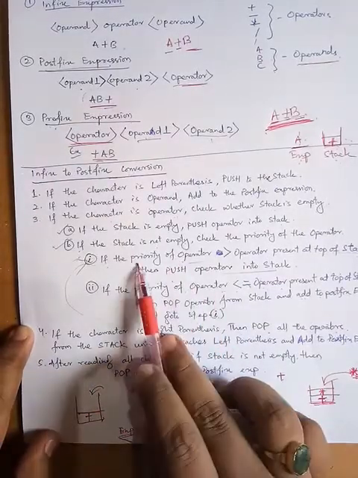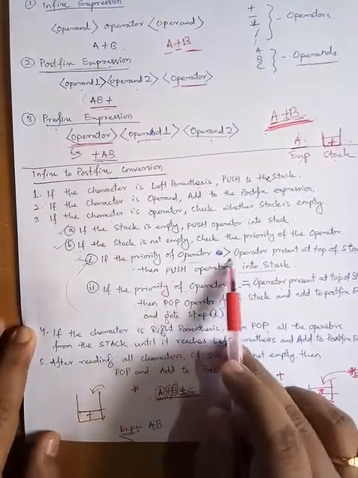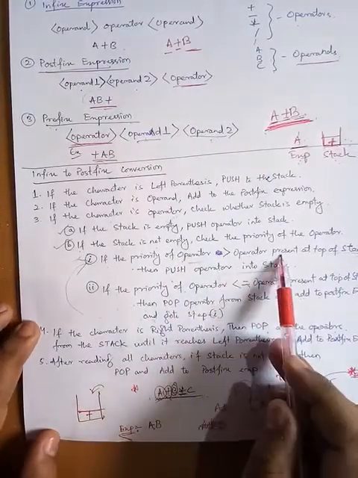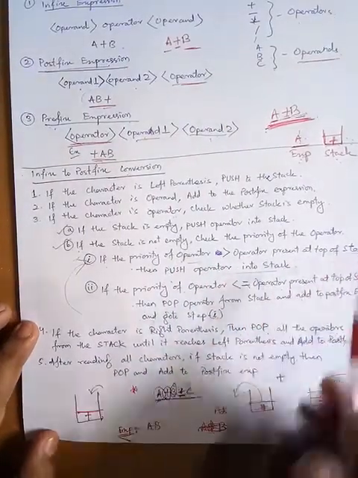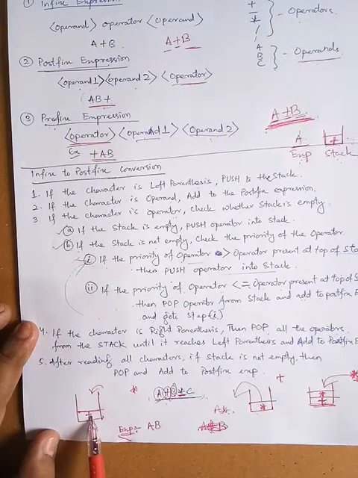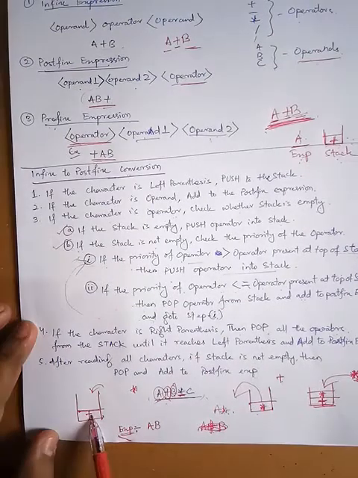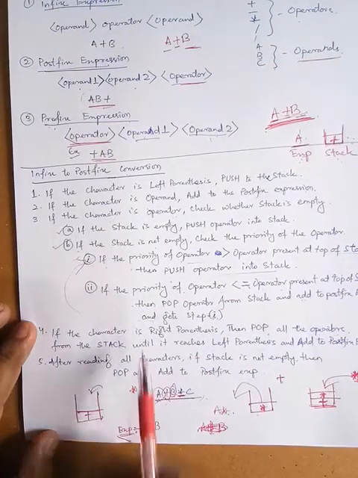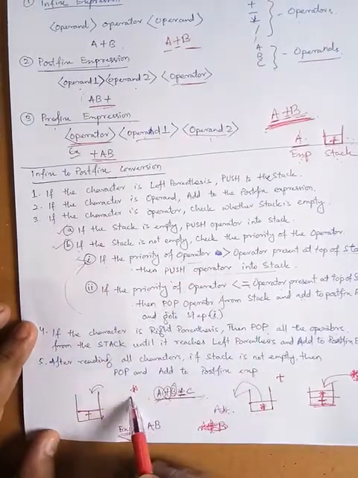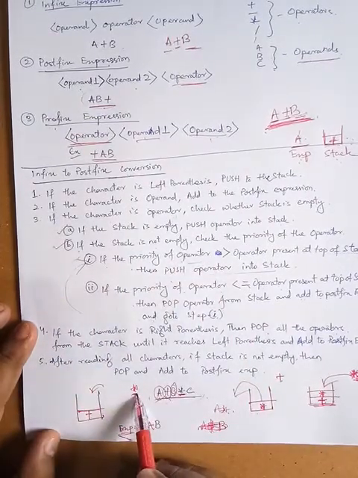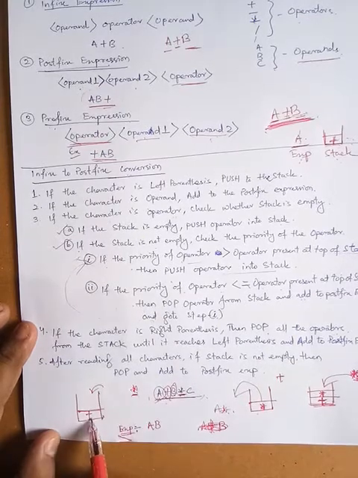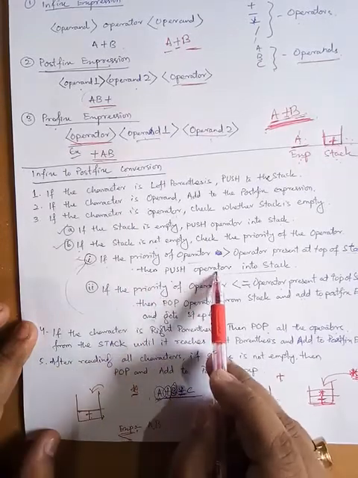If the priority of the operator is greater than the operator present at the top of the stack, and the operator at the top of the stack is the plus sign, then we check the condition. We have the operator star, which has higher priority than the operator plus at the top of the stack, so push the operator into the stack.